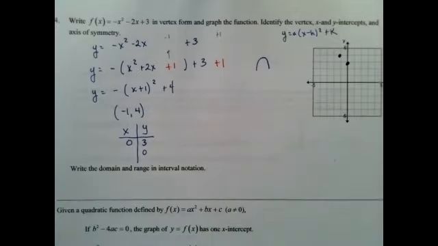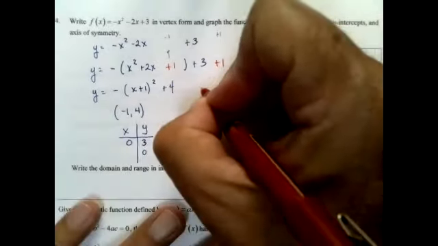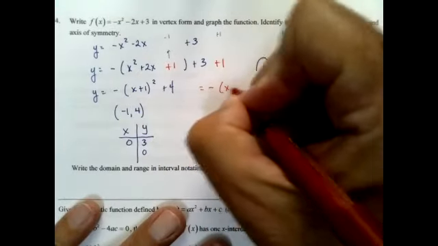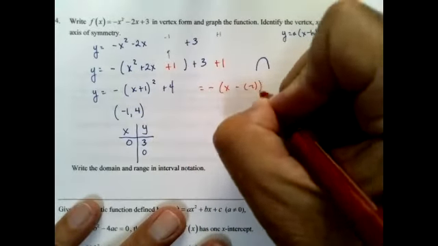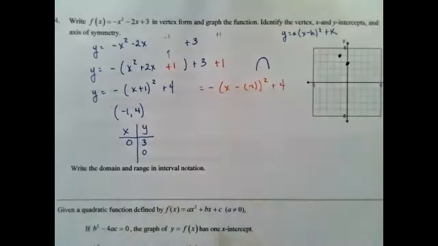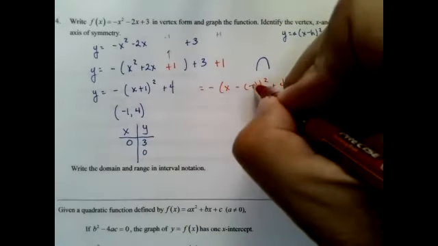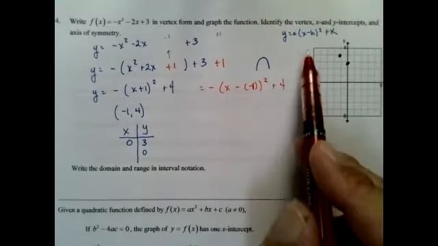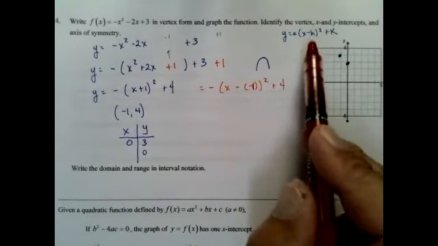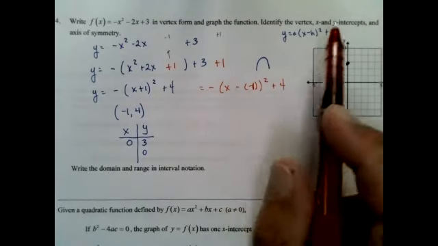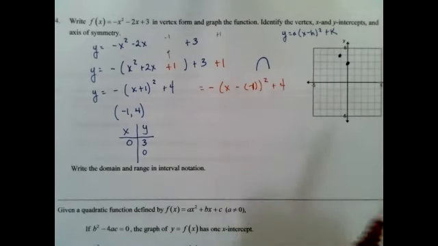So this becomes negative x minus negative 1 squared plus 4. So when I look at the h, it's actually this negative 1. Yeah, I'm glad you said it, so I can keep writing it down for practice.